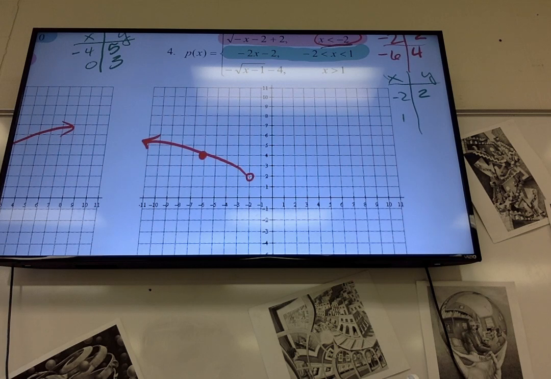And when I plug in 1, I get -2 times 1 is -2, minus 2 is -4. Those are open circles. So it's the same open circle as this one was, and I have one at 1, -4. And this should be a straight line because that's mx plus b.